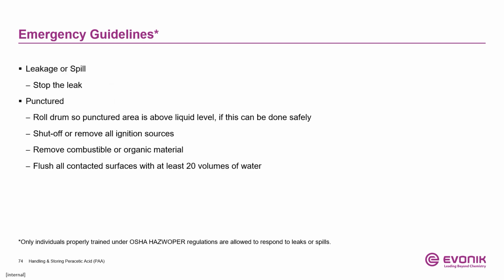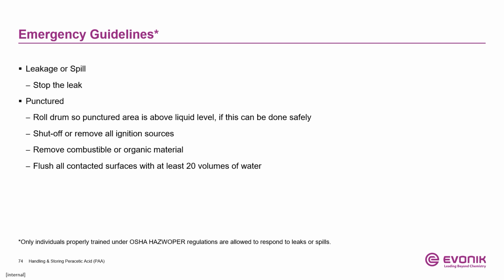If PAA is leaking, you will want to stop the leak and dike the spill, but do this only if you can do it without personal risk. If the PAA container is punctured, move or roll the drum so the punctured area is above liquid level. Shut off or remove all ignition sources.